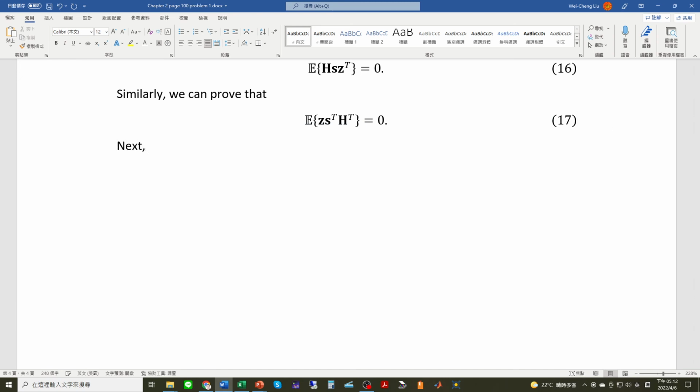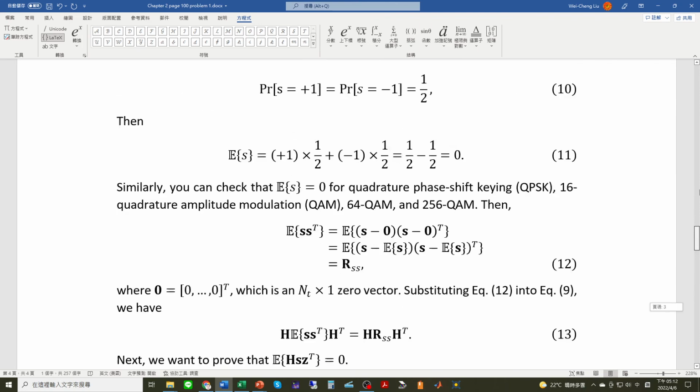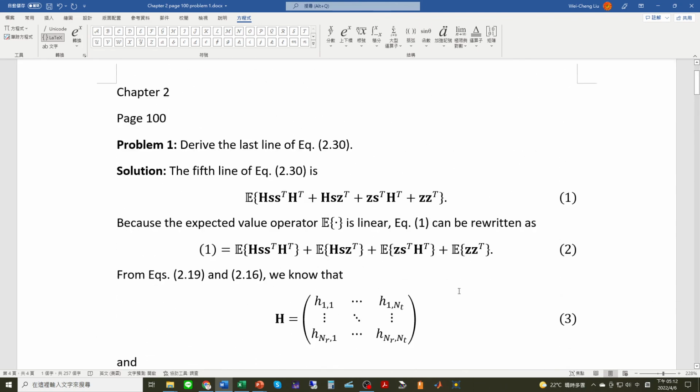Next, we consider the last term in equation 2. I can directly copy from equation 2.